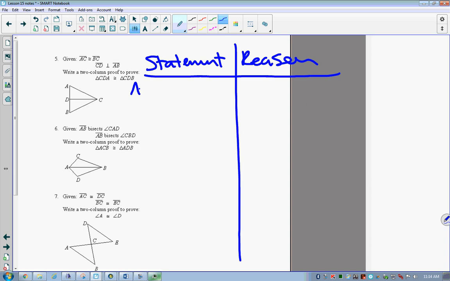All right, so we've got segment BD bisects angle CAD, given. Okay. AB bisects angle CBD, given.